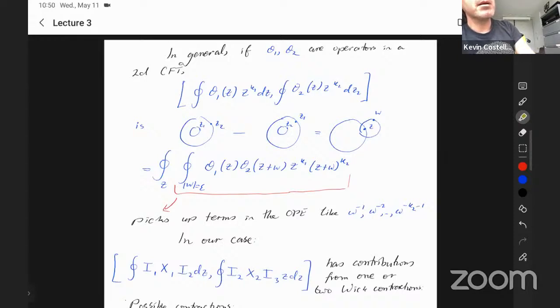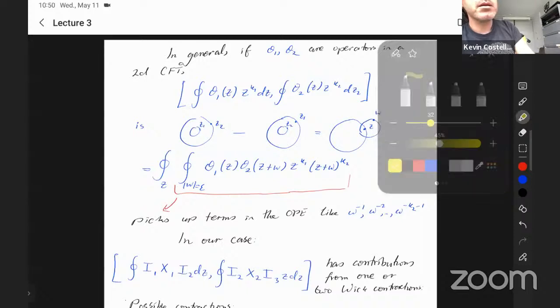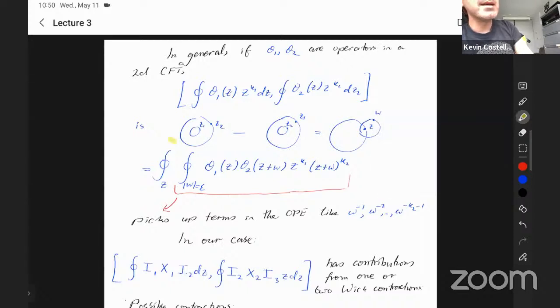The commutator is just the difference between two contour integrals, where on this contour, O1 is on the inside and O2 is on the outside, and on this contour, O2 is on the inside and O1 is on the outside. Now, when I take the difference between those two contour integrals, you can write it as a contour integral where O1 moves around in a circle and O2 orbits around O1.